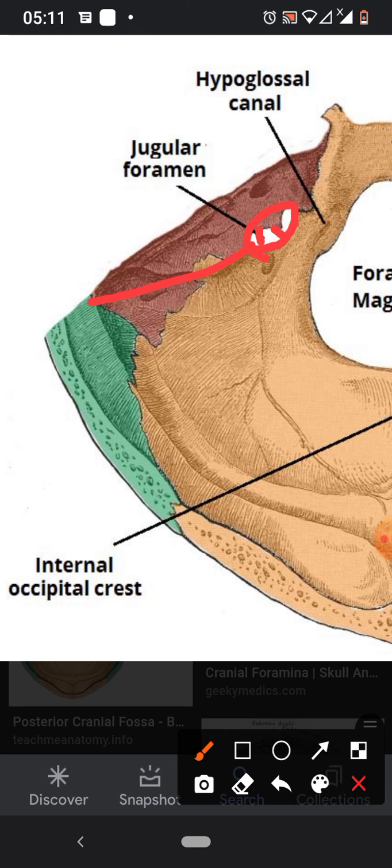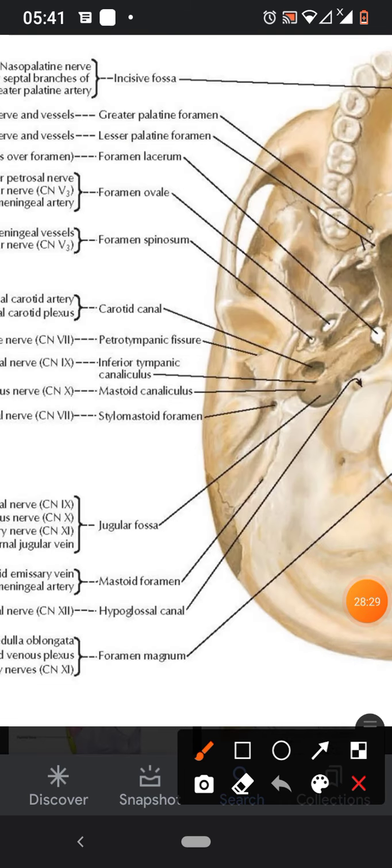This is the mastoid canaliculus. It is basically the lateral wall of the jugular foramen, and it is involved in the transmission of the vagus nerve. Let me say it again.